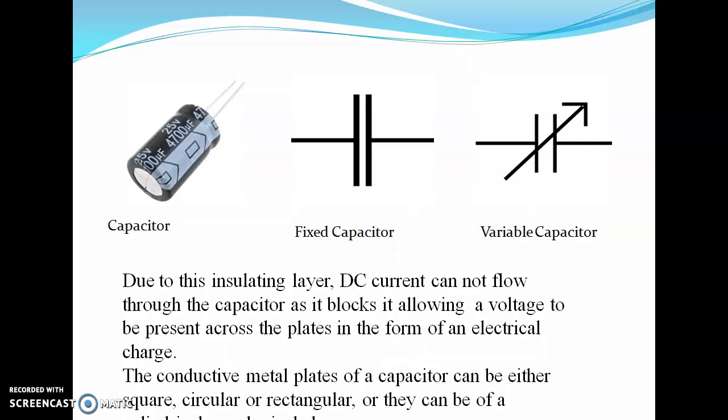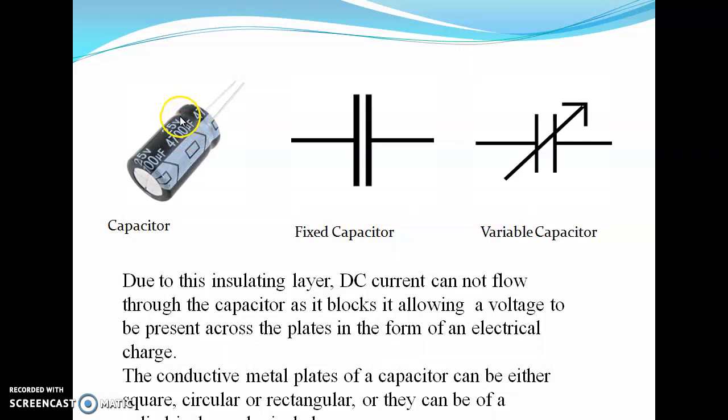Now how to recognize which is the positive terminal and which is the negative terminal? You can see here, this is cathode, with the negative sign. Another terminal is anode. Again there are two values you can see here, 25 volts and 4700 microfarad.